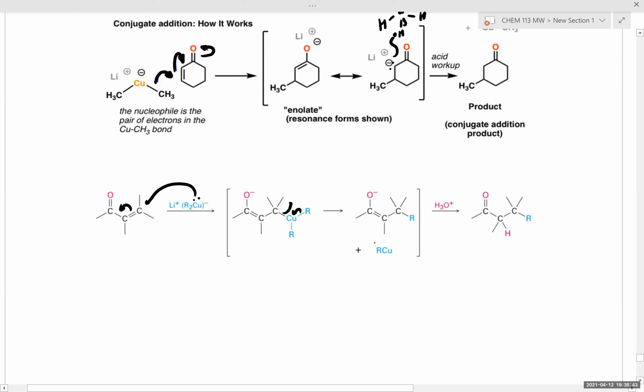I like this second mechanism more because it really shows why Gilman reagents are softer nucleophiles. Because rather than having a hard carbon-centered nucleophile, we instead have this copper-centered nucleophile. And copper, similar to sulfur and nitrogen, is generally a softer nucleophile and thus favors addition at the beta position. Does this make sense?